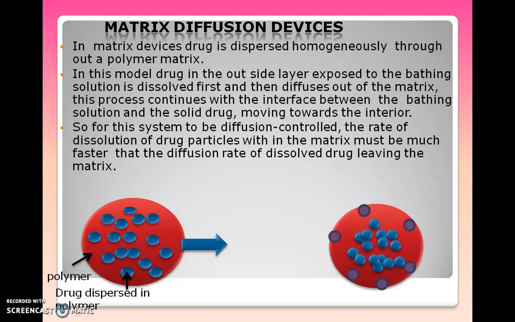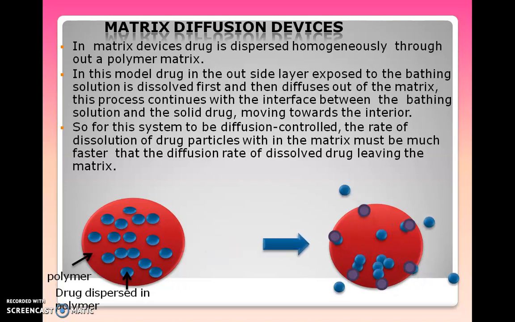This process continues with the interface between the bathing solution and the solid drug, and this interface continuously moves towards the interior of the core. So for this system to be diffusion control, the rate of dissolution of drug particle within the matrix must be much faster than the dissolution rate of dissolved drug leaving the matrix.